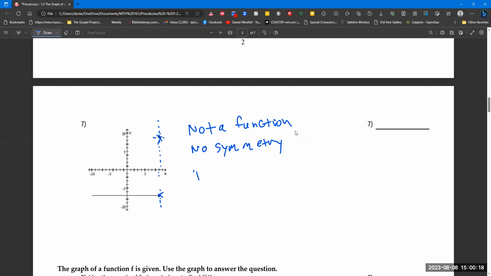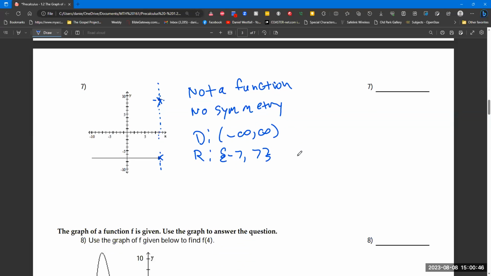And my domain is all real numbers, and my range is just the set {-7, 7}. It can only be those two numbers, one or the other. And that's going to be it for right now.